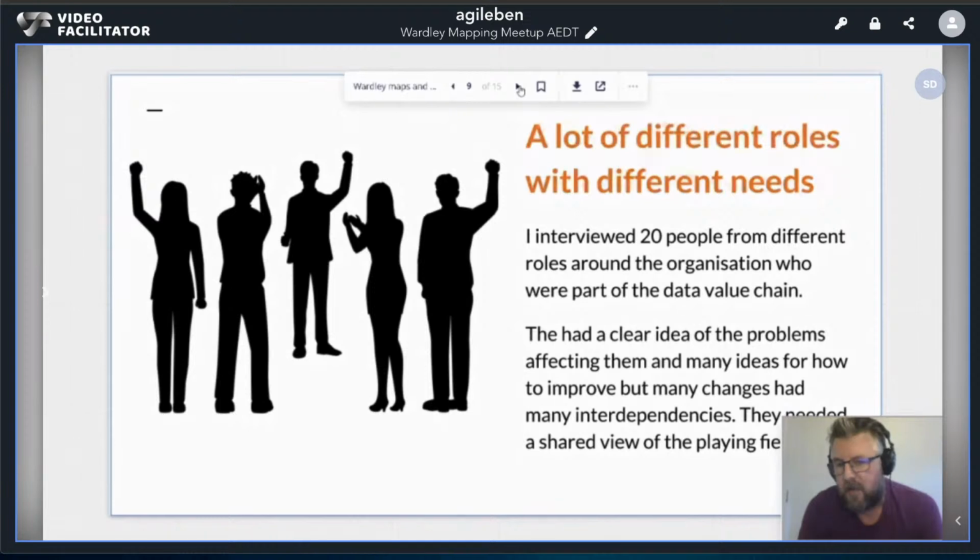But because the organisation, the way it was arranged, was quite complicated, and there were many interdependencies, and many things that were duplicated, it was very difficult for any individual group to make a change to the overall system. And so what I concluded from this was, whilst there was a lot of goodwill for change, people needed a shared view of the playing field.